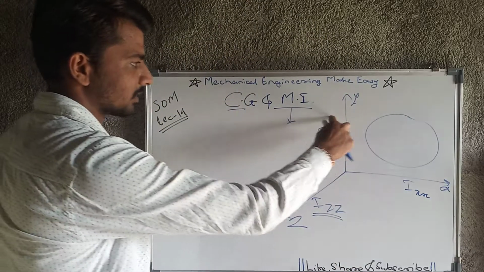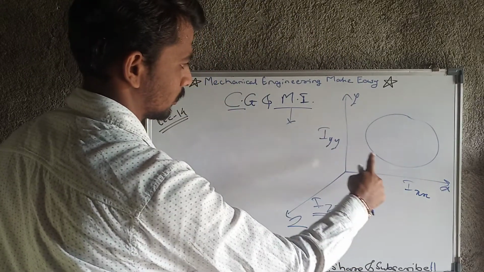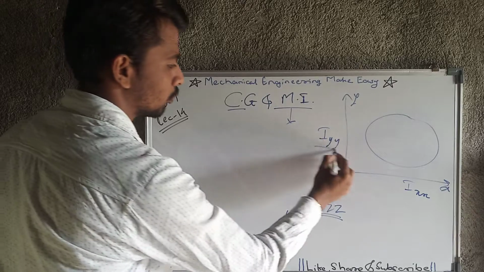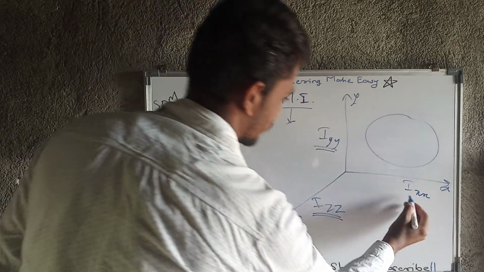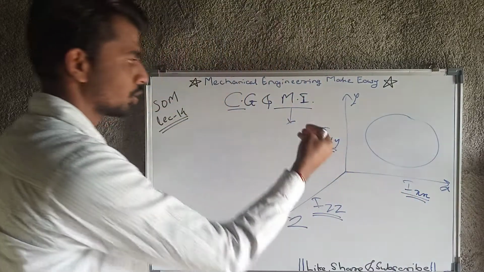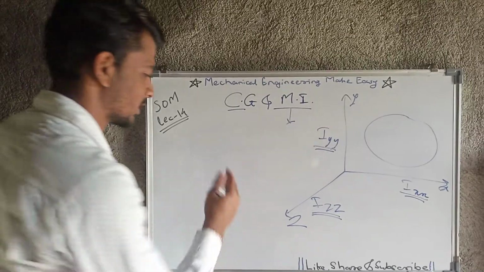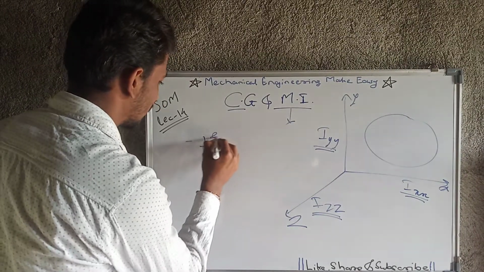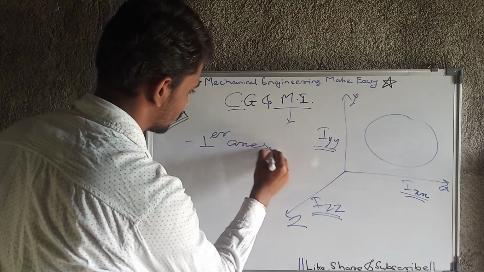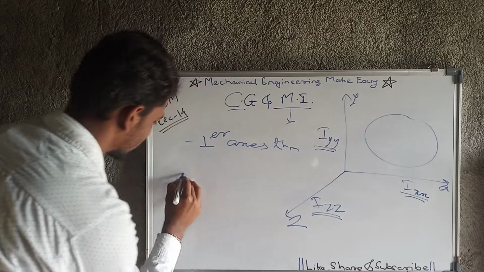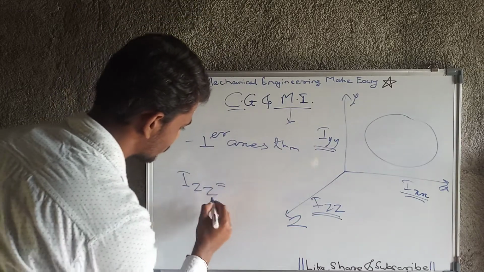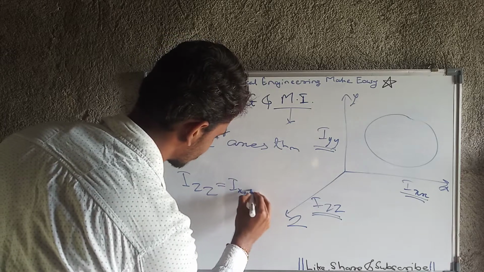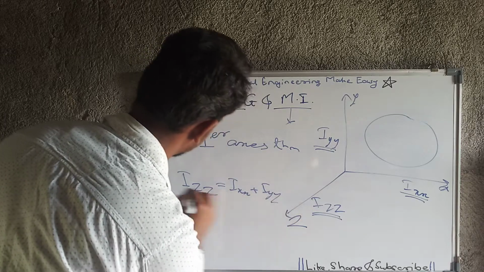As that body is in the xy plane, and we know the moment of inertia about yy and about xx, with the help of the perpendicular axis theorem, Izz is simply the summation of Ixx plus Iyy.